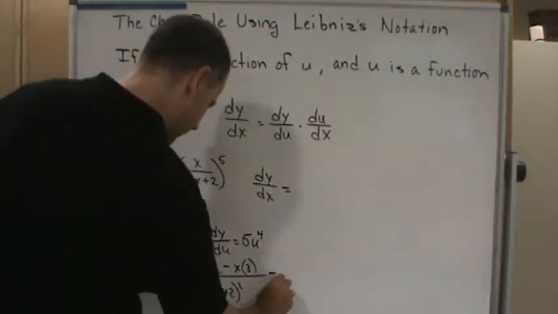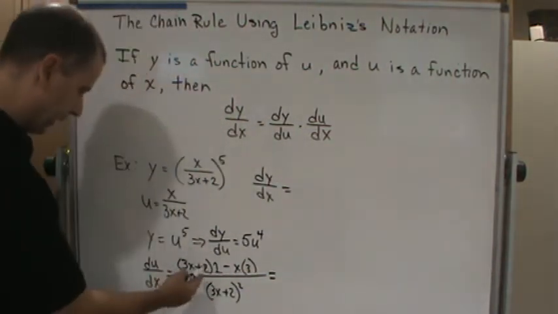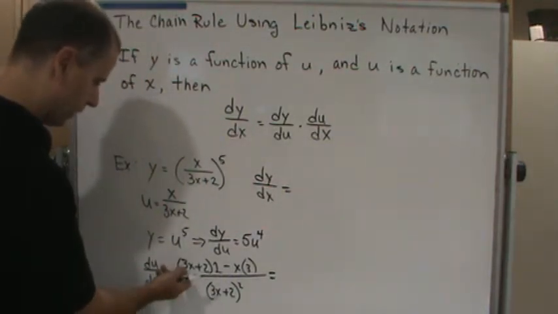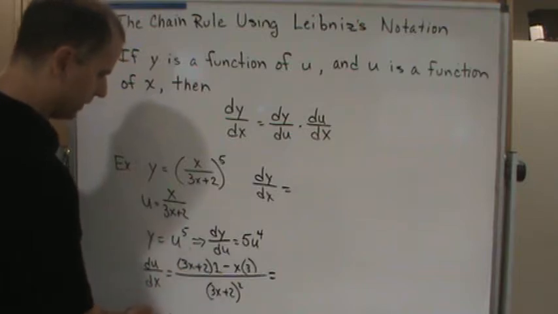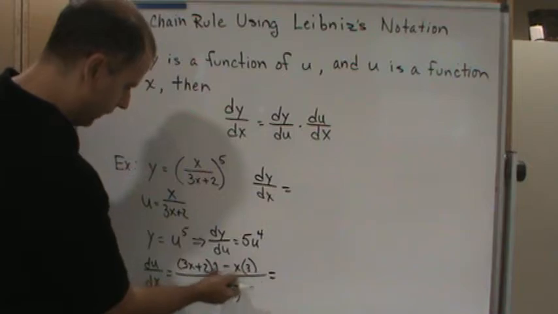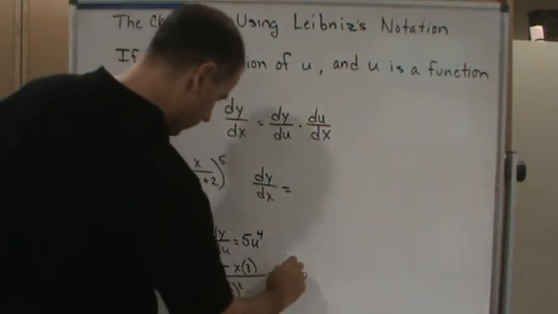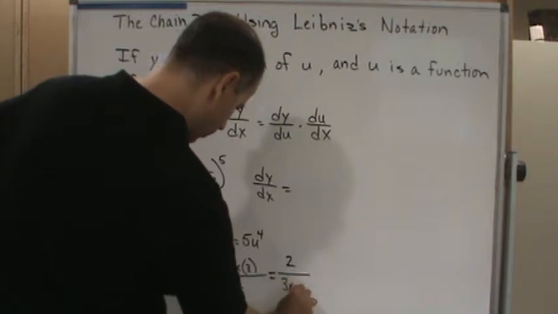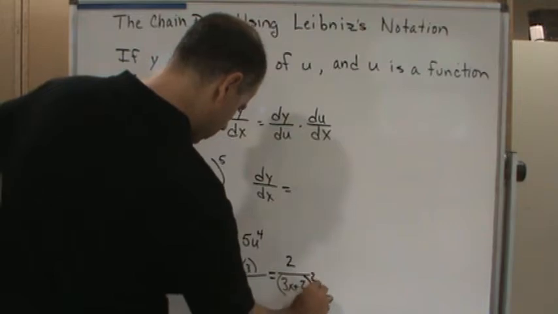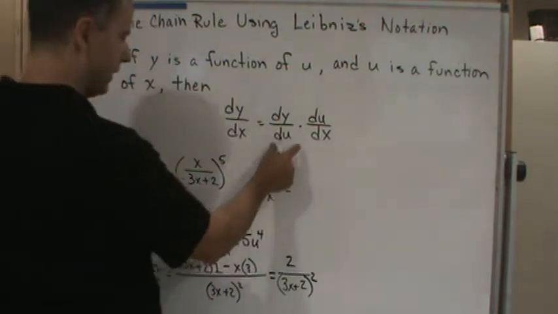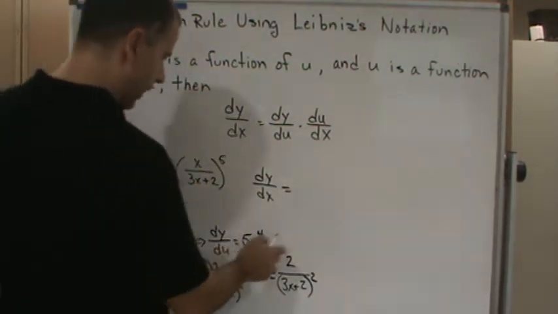If we simplify this, we get 3x plus 2 minus 3x, so we get 2. So we end up with 2 divided by the quantity 3x plus 2 squared.